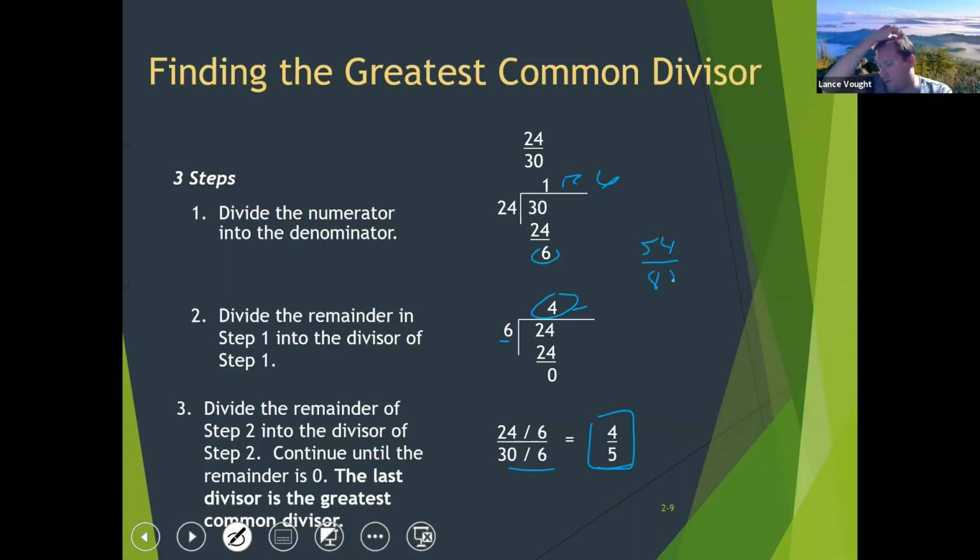Okay, if you have 54 over 81, you would flip this around and go 81 over 54 is equal to 1, remainder 27. If you do 54 divided by 27, you get 2. And if you do 81 divided by 27, you get 3.